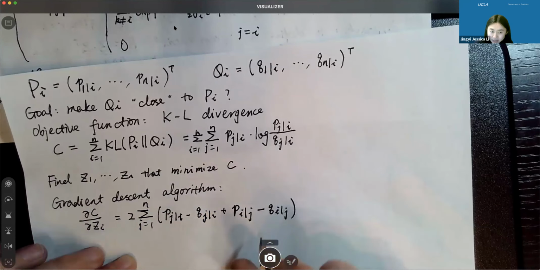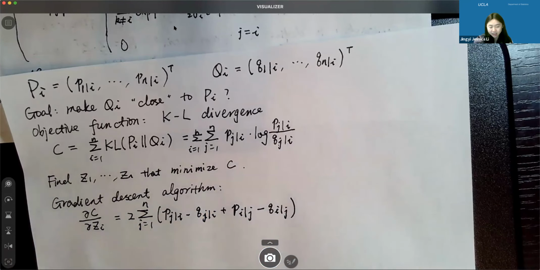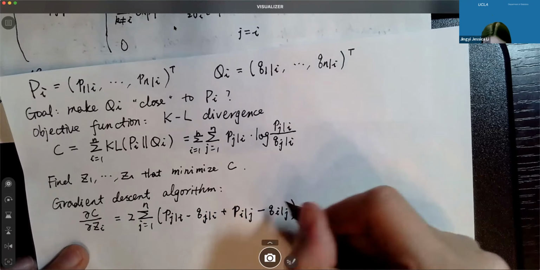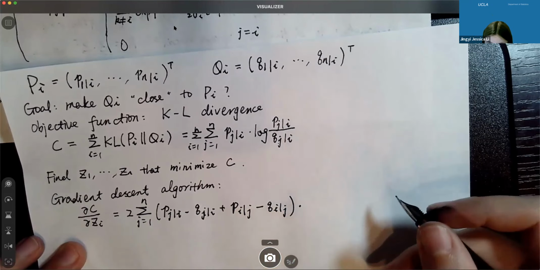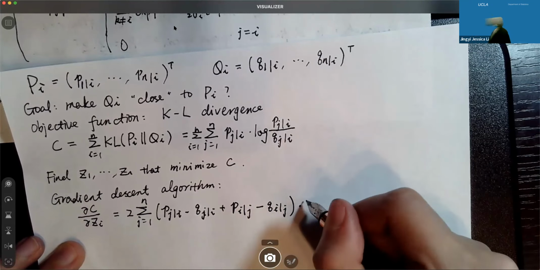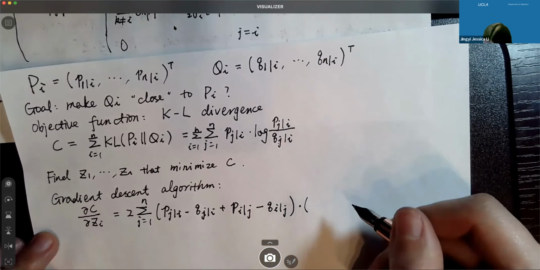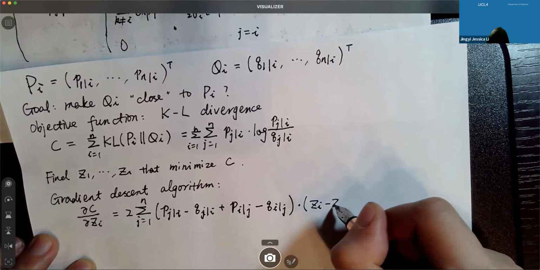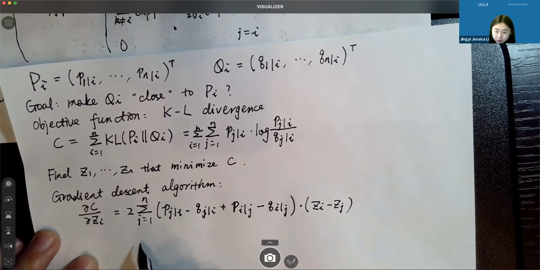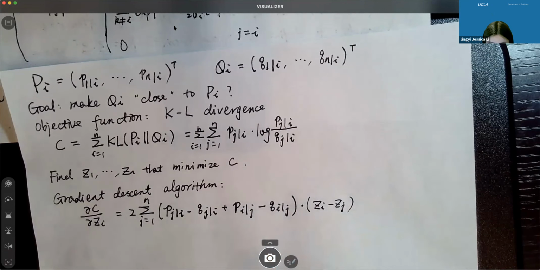You can see the reason is that zi participates in both qj given i and qi given j, because it can be the center or it can be the neighbor. So the gradient exactly is a vector, for all j from 1 to n.